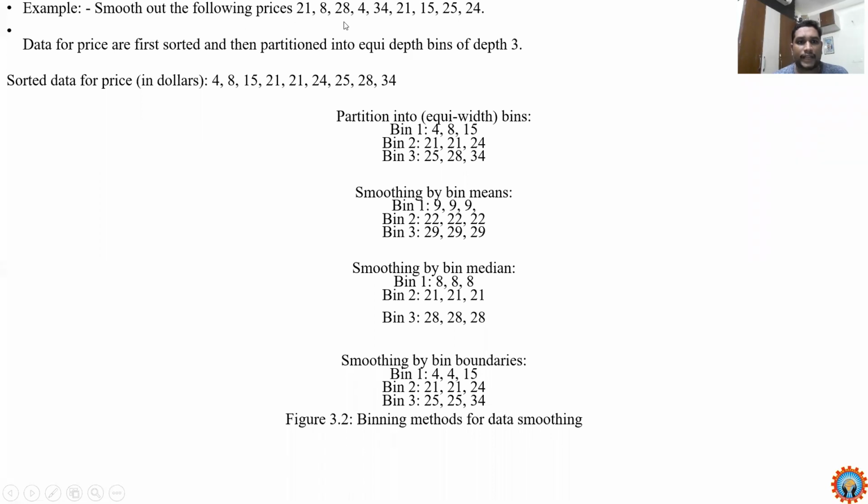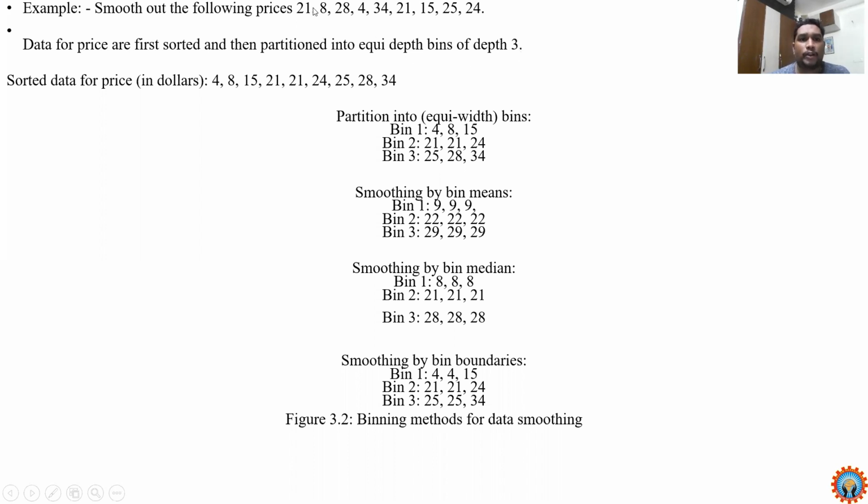First the data is like this. As already discussed, the data starts from 0 to 100. Now you have to calculate the depth of the particular bucket, how much data you store in each one, for example 0 to 10 in one and 10 to 20 in another. The data for price are first sorted and then partitioned into equal-depth bins of depth 3.